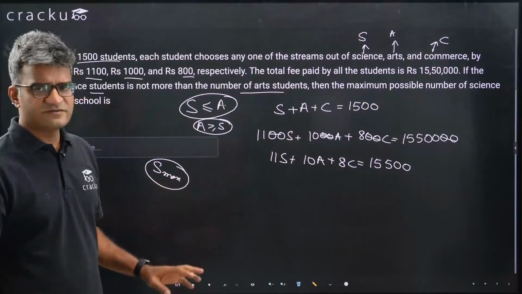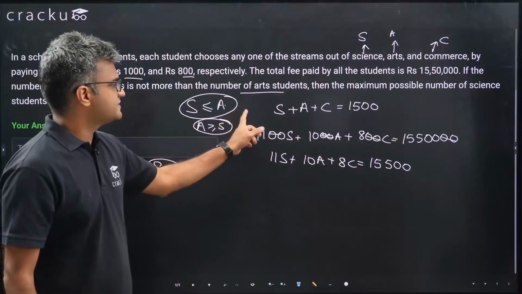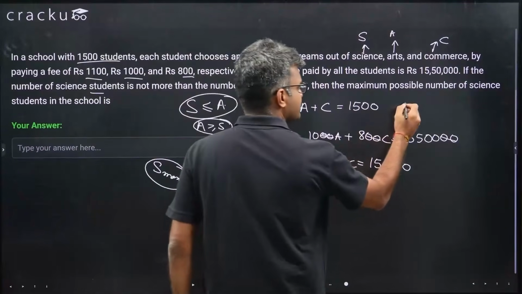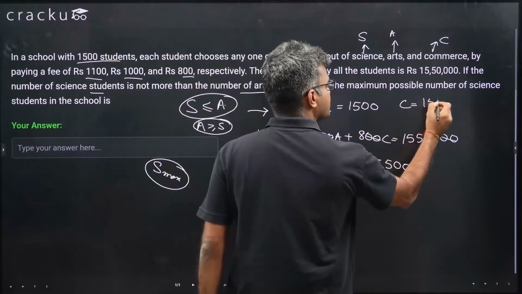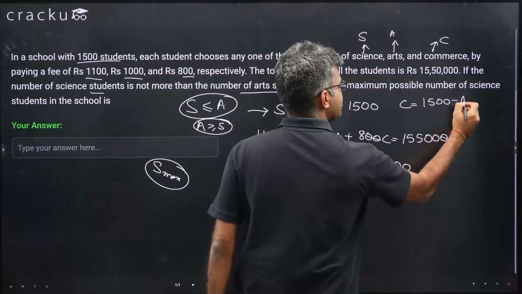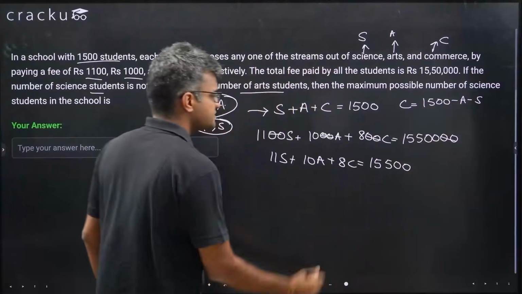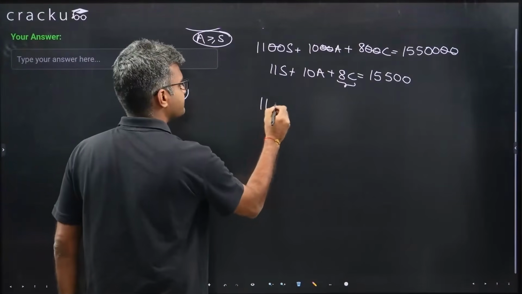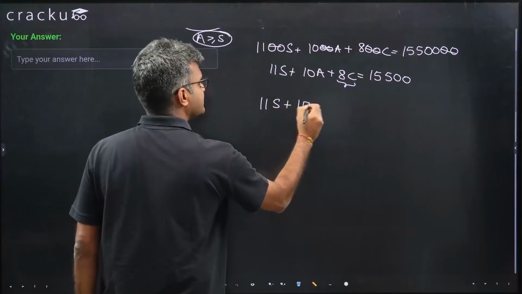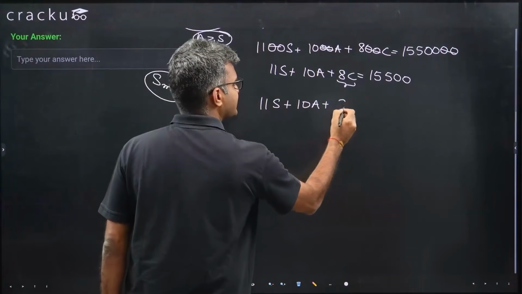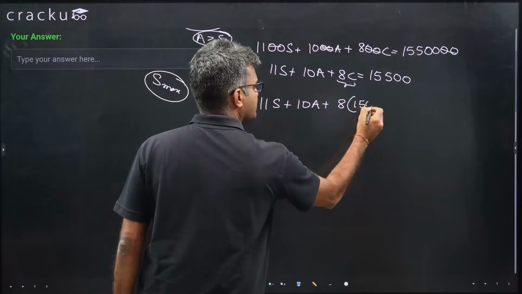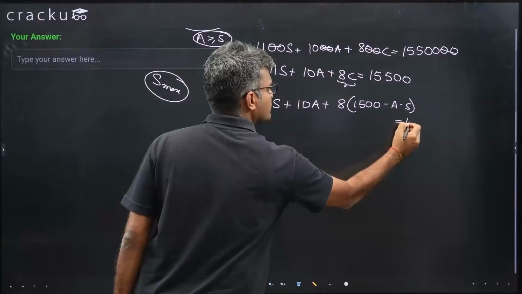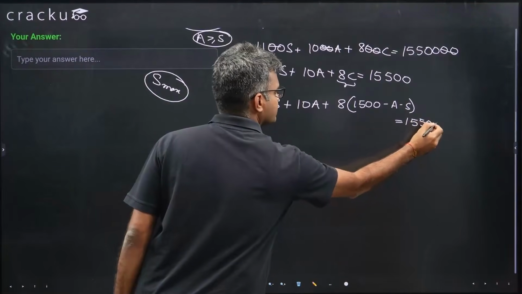We'll first eliminate C. We have two equations. First we have S plus A plus C is 1500. So C is equal to 1500 minus A minus S. If you substitute that over here, we are going to get 11S plus 10A plus 8 into 1500 minus A minus S is equal to 15,500.